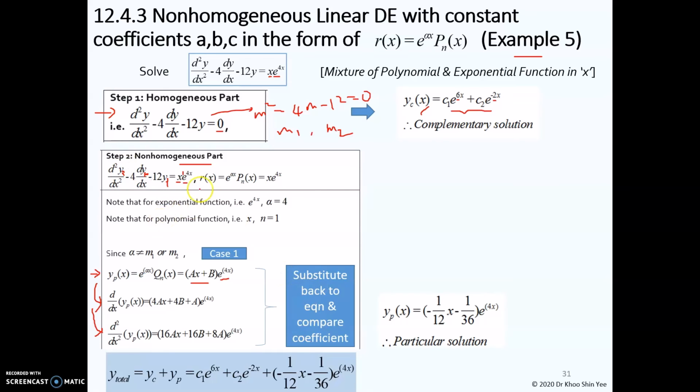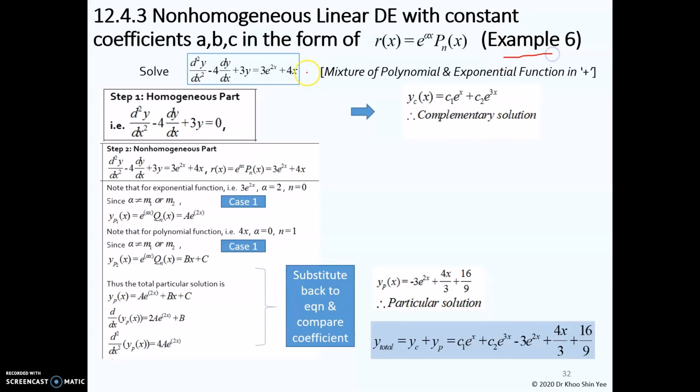Then after you compare the coefficients, you should obtain a to be -1/12 and b to be -1/36. And this will be your particular solution. Both the complementary and particular solutions are linearly independent. Therefore, we can further substitute inside the total solution here to obtain the final result.